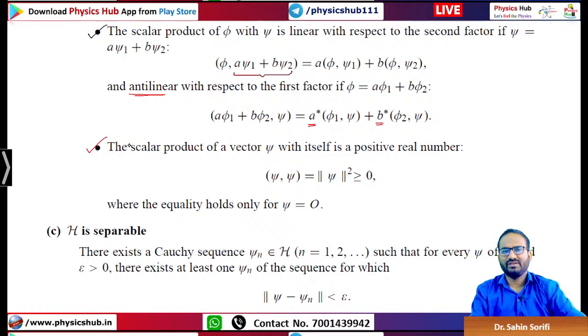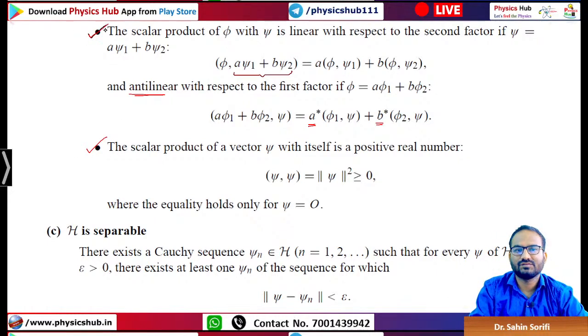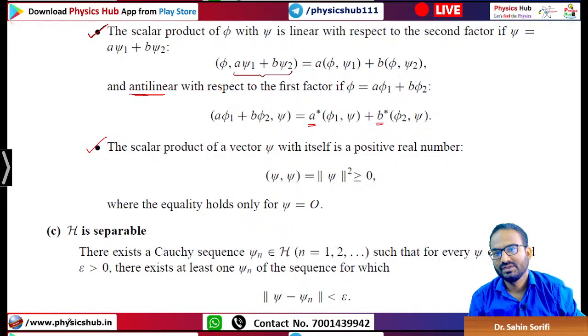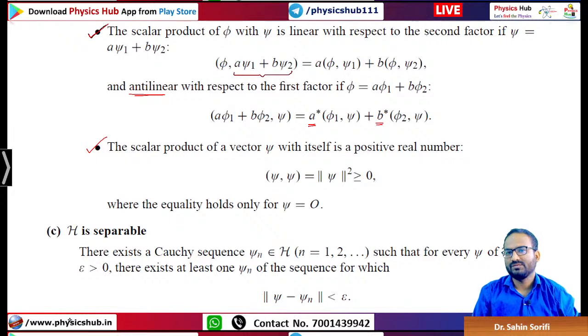Look, when you will be practicing problems, then these things will be very common to you. Okay, if you are learning it for the first time, it may appear to be a little bit confusing, but once we start solving problems, these things will automatically come. The scalar product of vector psi with itself is a positive real number.